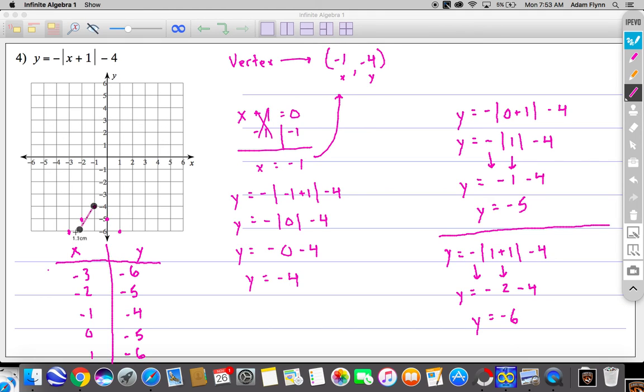To finish this off, I'll connect my points. I know I've done this right because it looks like a V. If it does not look like a V, you might want to go back and check your math. Okay. So there we have it. At this point, I would move on to the example sheet for graphing absolute value equations.